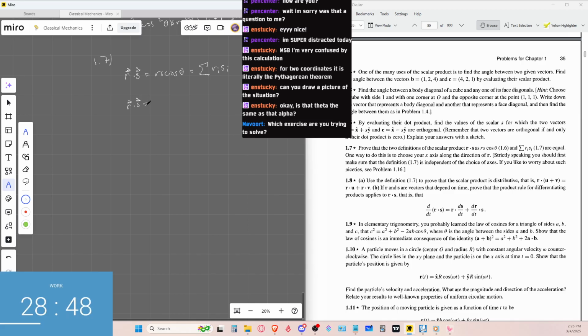Because I think there's a way to actually get this with the law of cosines. I think that's the reason why the lengths of R and S are part of the cosine.